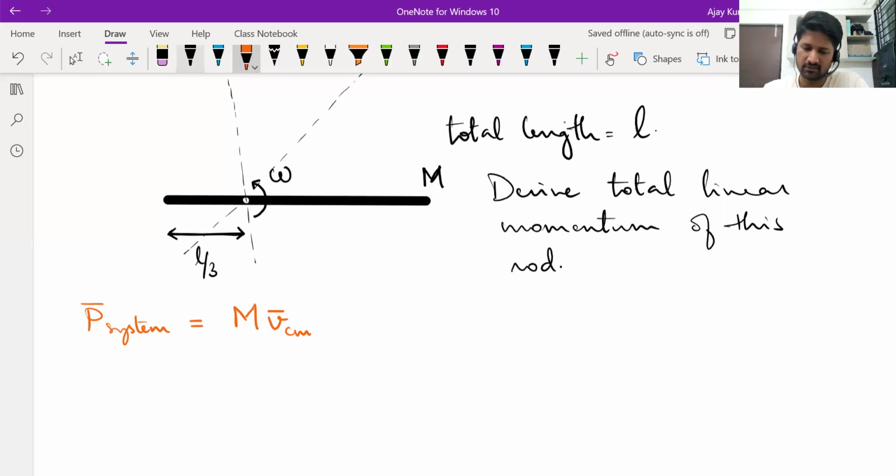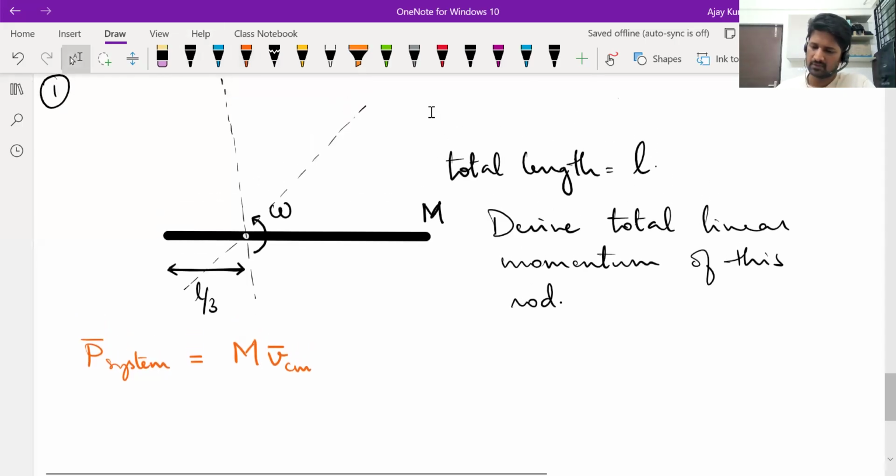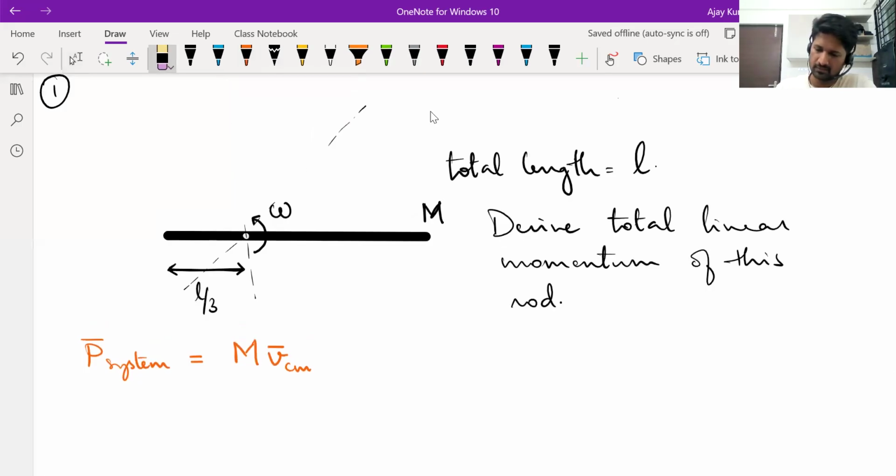Aishwarya, where is the center of mass of the rod? L by 2, sir. And where is it pivoted? It is pivoted at a distance L by 3 from one end of the rod. So this is the pivot.